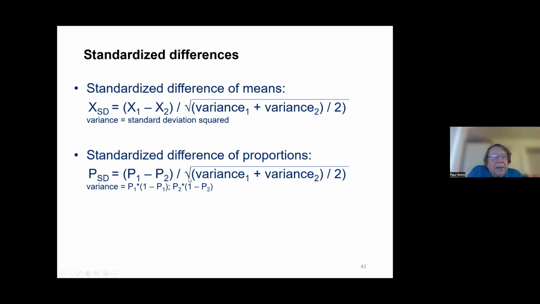So in this case, the variance for proportion 1 is just P1 times 1 minus P1, and same thing for proportion number 2. And so if you calculate a standardized difference, we're not doing hypothesis testing, but it gives us an indication of whether there's a difference between, say, two groups that we might be interested in.